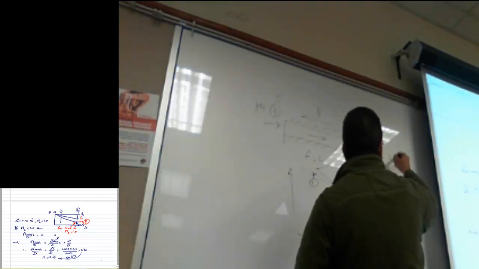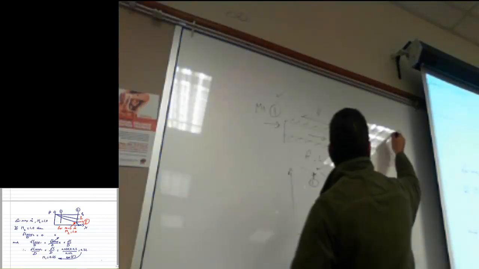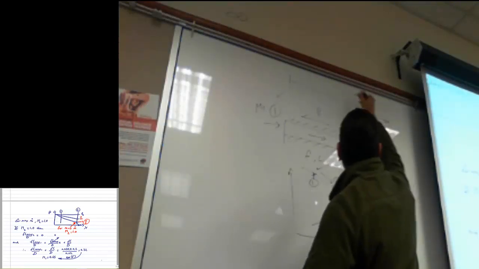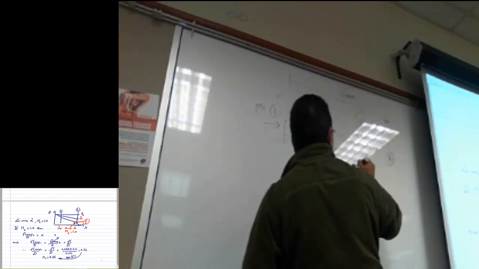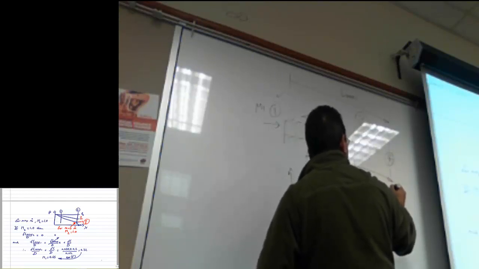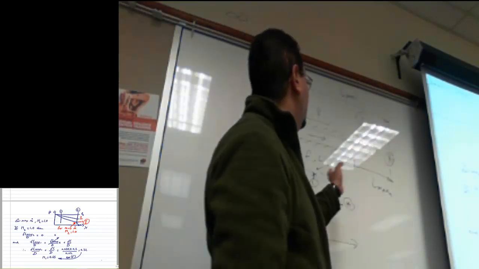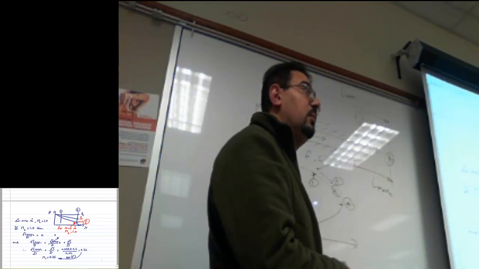The sonic point is measured by the distance it takes condition 1 to reach it, and we call this L max 1. The same point can be reached from 2 using L max 2. That's the length. So let's call it 10 meters, and this is 2 meters. So obviously the pipe is 8 meters.